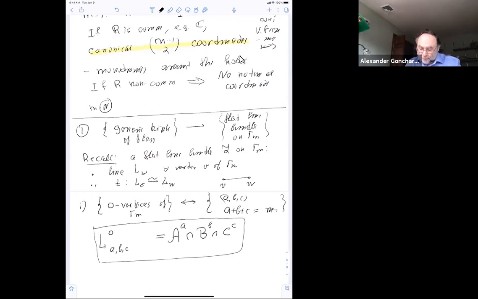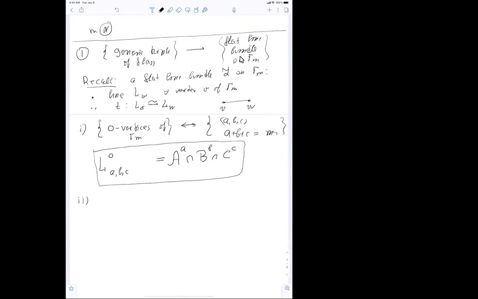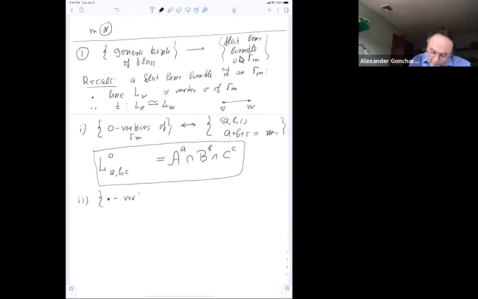Now, for black vertices, it's a little more complicated. First of all, how do we parameterize black vertices? These black vertices of gamma M are in one-to-one correspondence with the similar solutions of the equation, but now where A plus B plus C equals M minus 2.